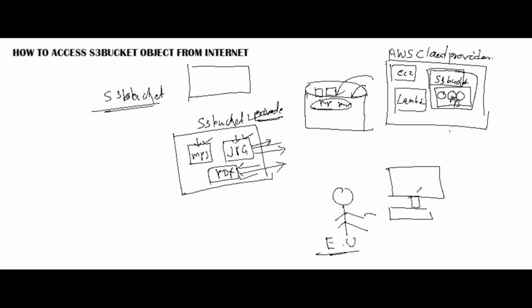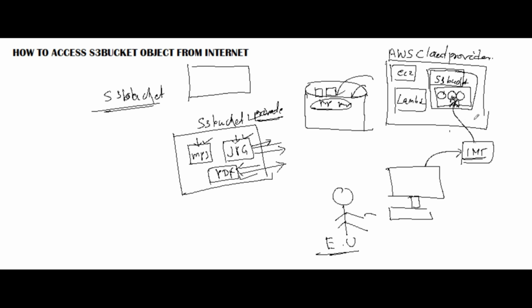So what the end user will do is request that he wants to download this mp3. This request will go from here to the internet, right? Hey internet, I want to download this mp3 song, this is my favorite song. First it will search where this mp3 is located.